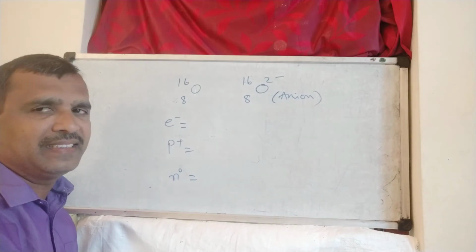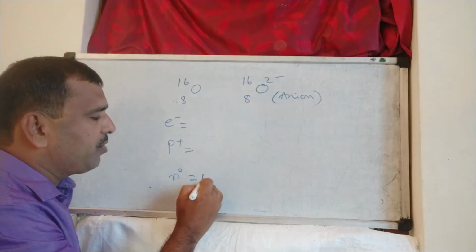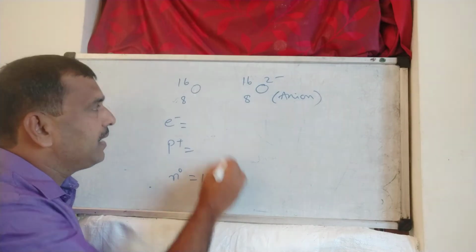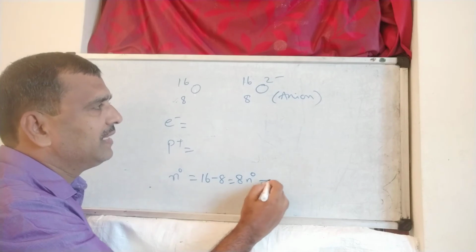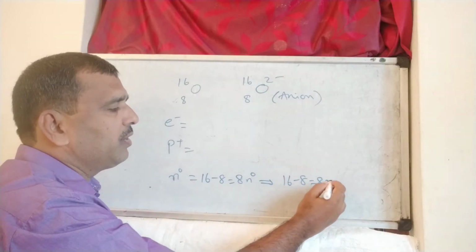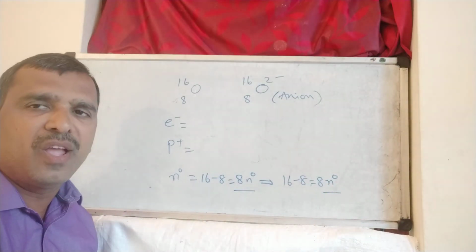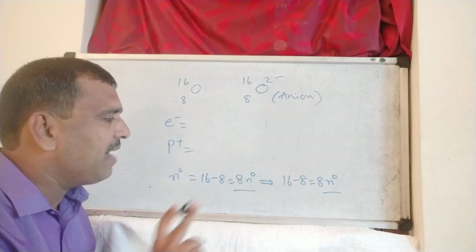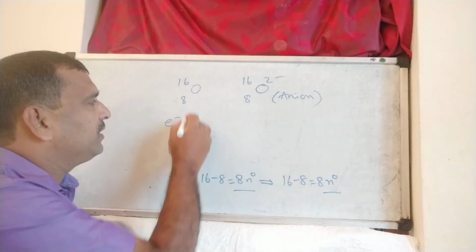First we take the number of neutrons: 16 minus 8, mass minus atomic number, gives the number of neutrons. Similarly here, 16 minus 8 is 8 neutrons. Whether it is an atom or an ion, they have the same number of neutrons.